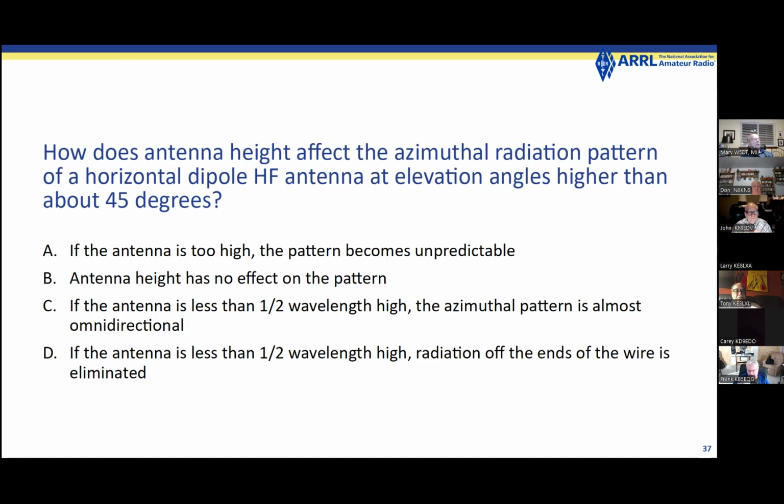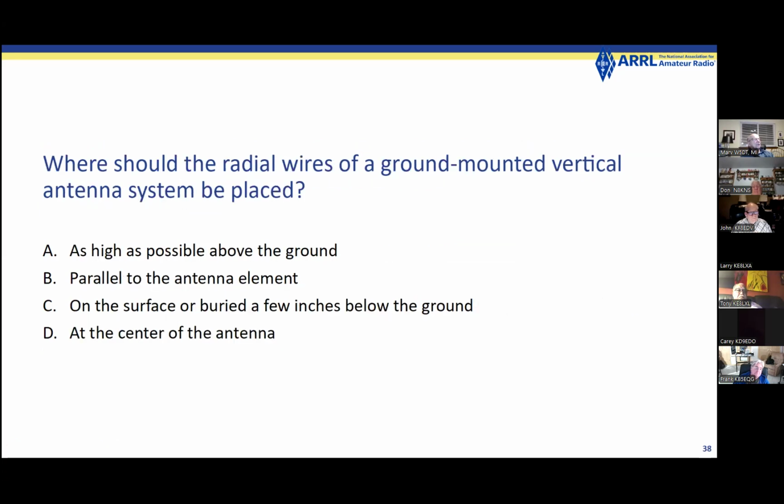Antenna height has no effect on the pattern. If the antenna is less than a half wavelength high, the azimuthal pattern is almost omnidirectional. If the antenna is less than 1/2 wavelength high, radiation off the ends of the wire is eliminated. C is the answer. If the antenna is less than half wavelength high, the azimuthal pattern is almost omnidirectional.